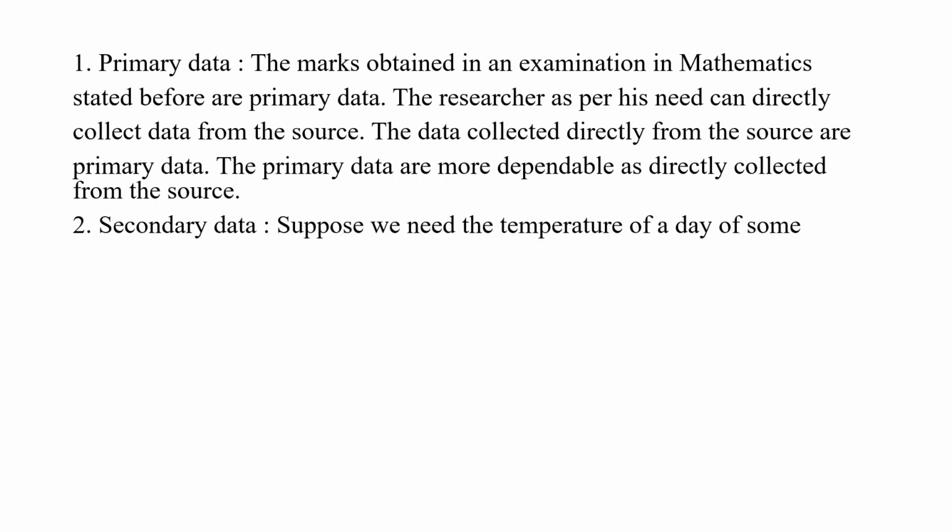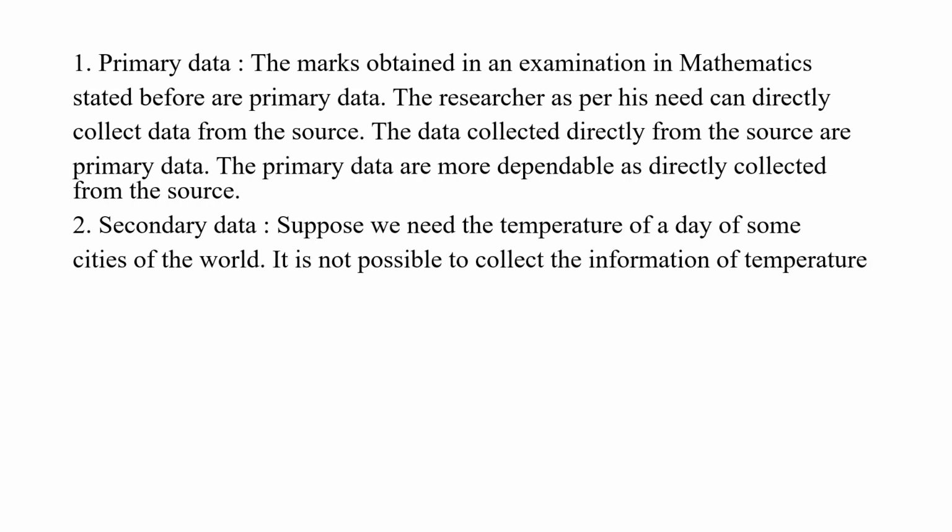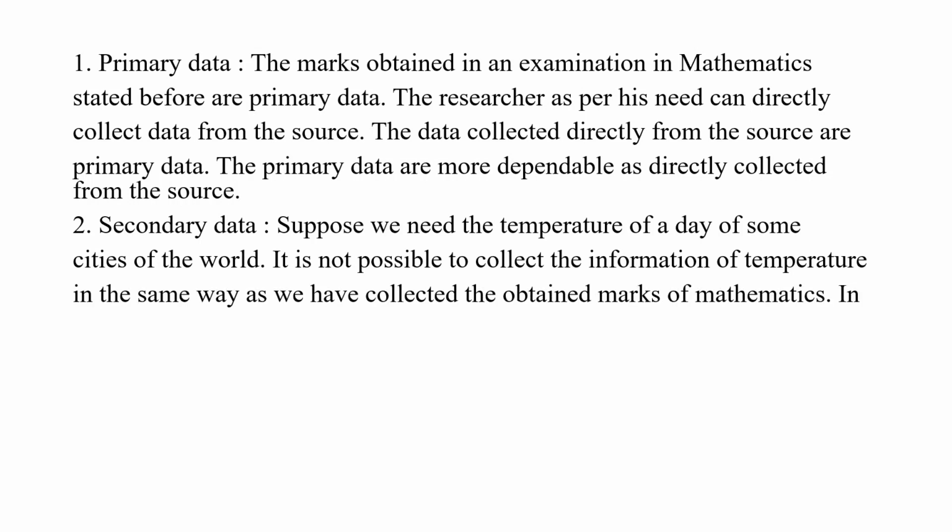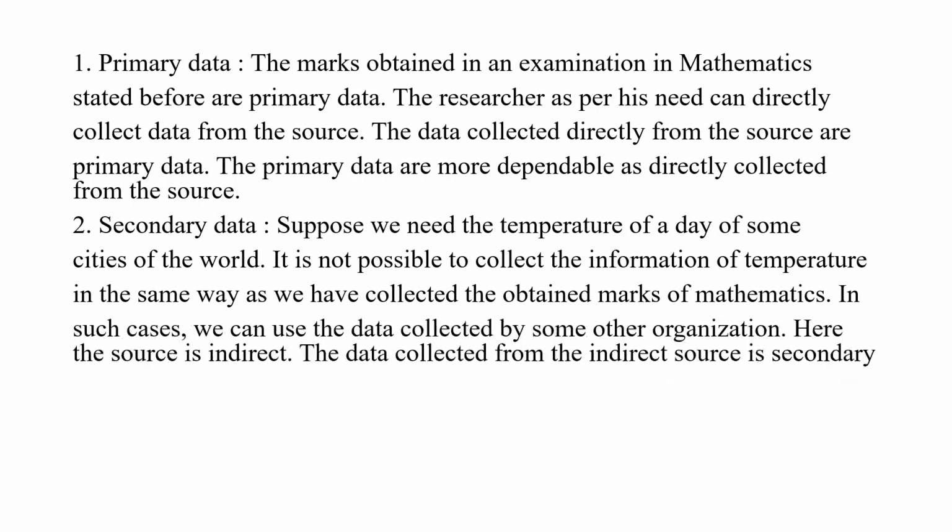Now, secondary data. Suppose we need the temperature of a day of some cities of the world. It is not possible to collect the information of temperature in the same day, in the same way as we have collected the obtained marks of mathematics.